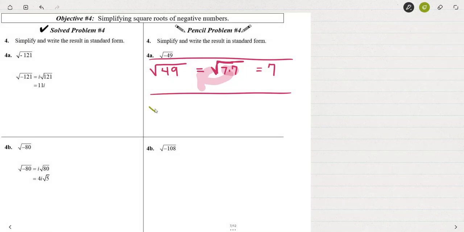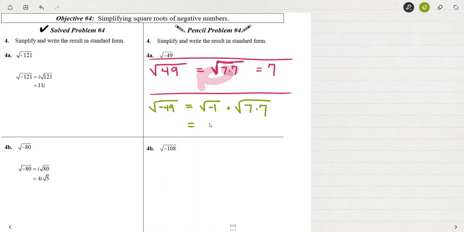Let's look at our example, the square root of negative 49. That's going to be the square root of negative 1 times the square root of 7 times 7. Whenever I get a pair, I'm looking for what number multiplies by itself to get 49, and the answer is 7.